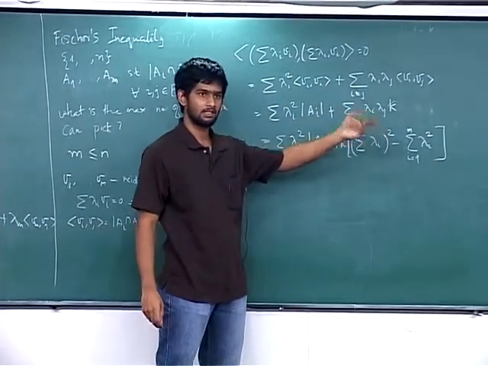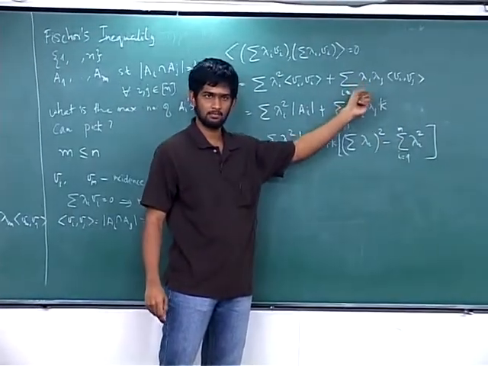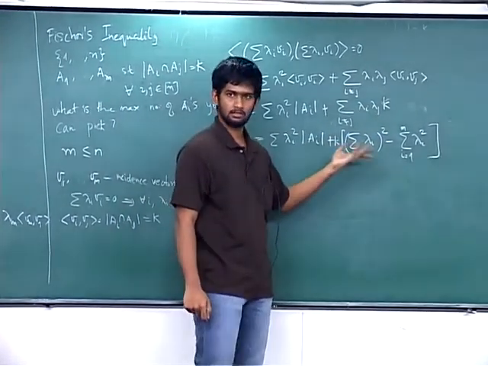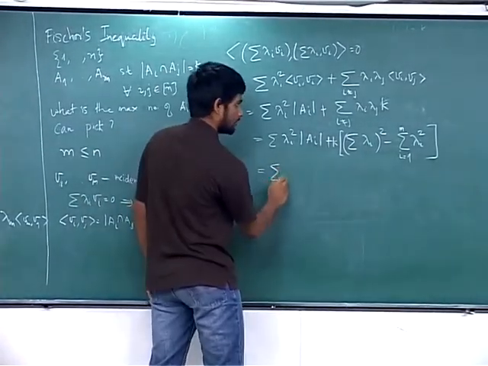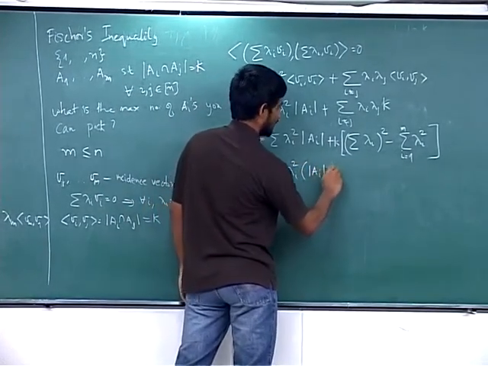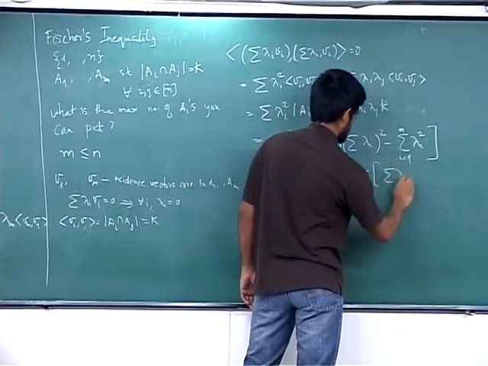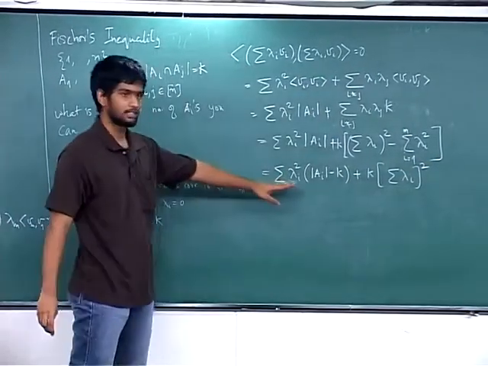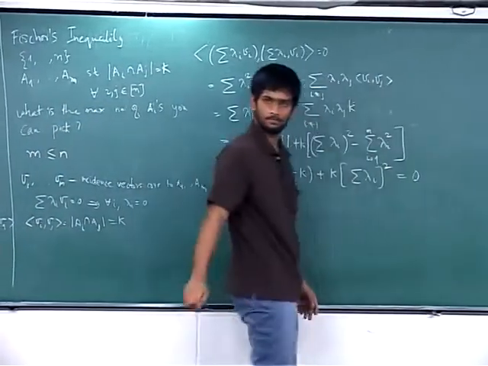Summation lambda i lambda j is nothing but take the whole square and remove the lambda i squares. That's what this sum is. It's clear, no? We are not doing anything great. So this is summation lambda i squared times (cardinality of ai minus k) plus k times (summation lambda i) the whole square. This is the simplified form of whatever we have, and we know that this is equal to 0, right?